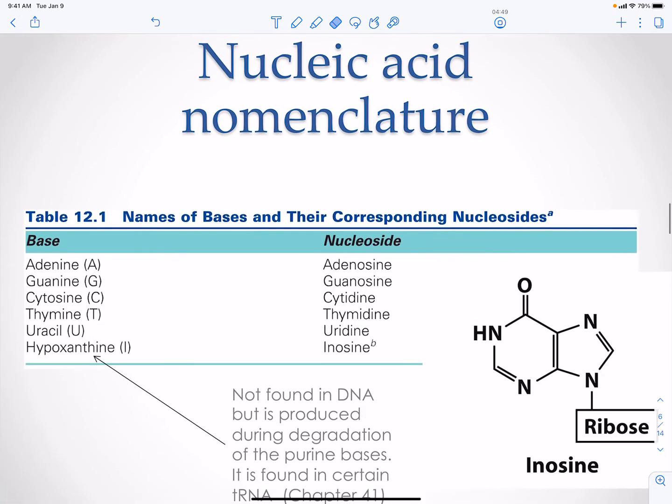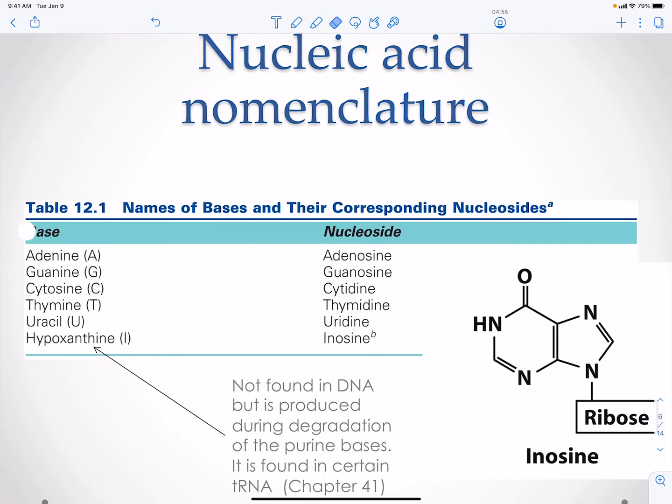Just a little bit about nomenclature. So we have our bases, which are those nitrogen bases, adenine, guanine, cytosine, and thymine, and then uracil in RNA. We also have hypoxanthine, and hypoxanthine is going to be a base that's not found in our DNA, but it's going to be a byproduct of our guanine and adenine, our purine bases.